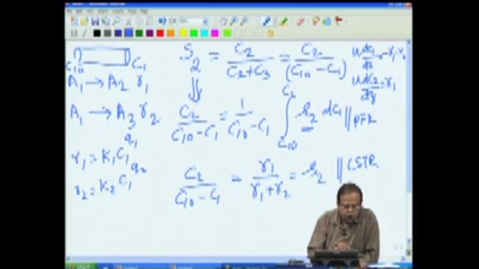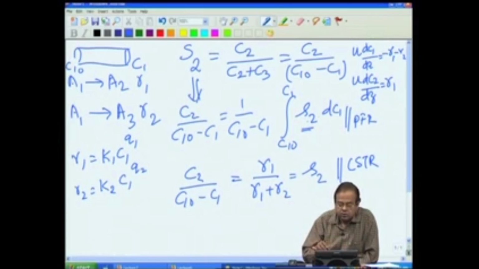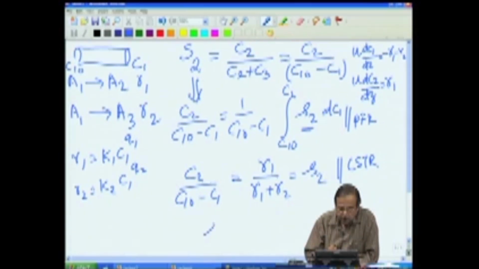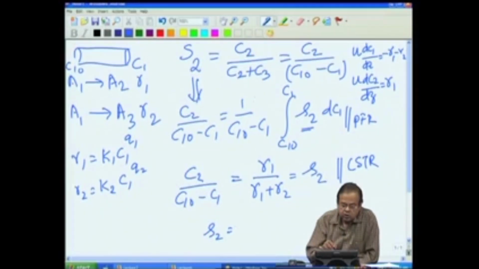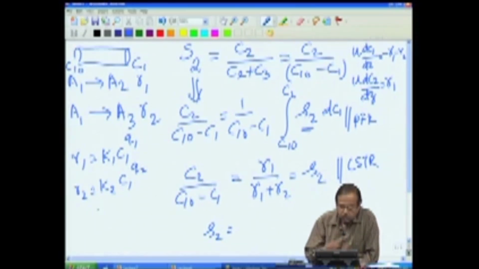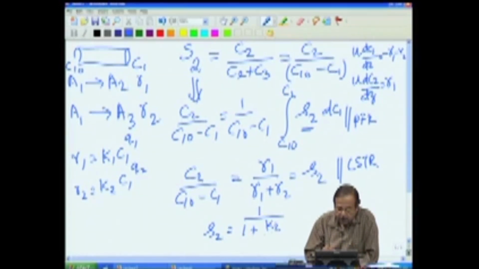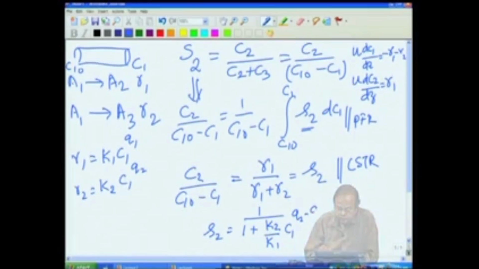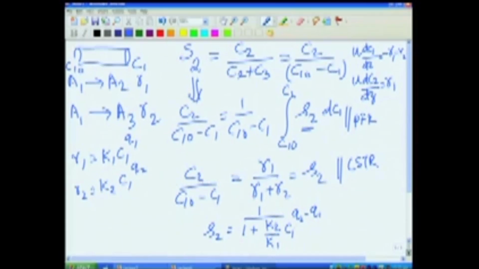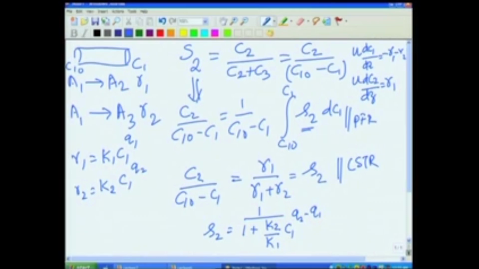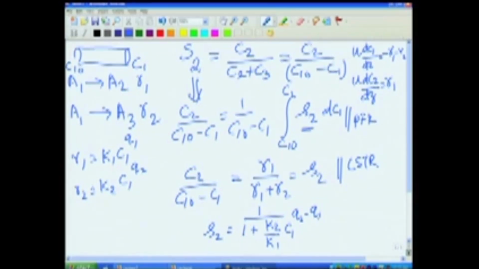So, with these two rate equations I can now write the point selectivity S2, which is R1 by R1 plus R2. If I do a little bit of manipulation, I will get this value as 1 by 1 plus K2 by K1 C1 raised to Q2 minus Q1.